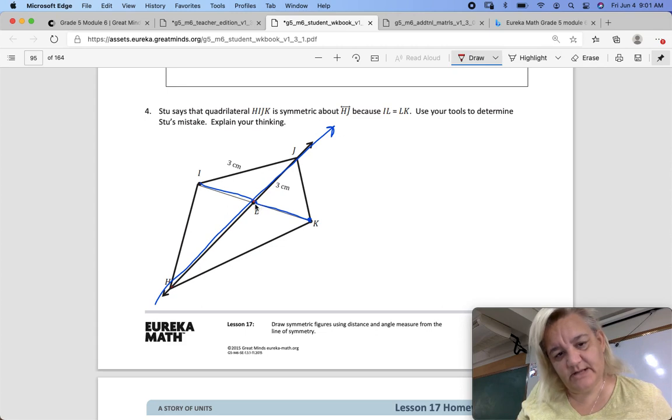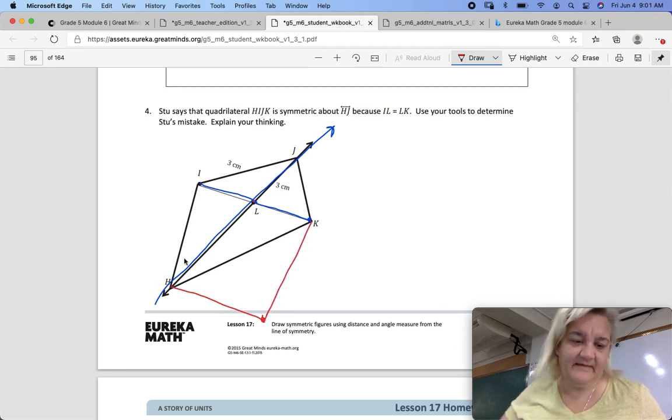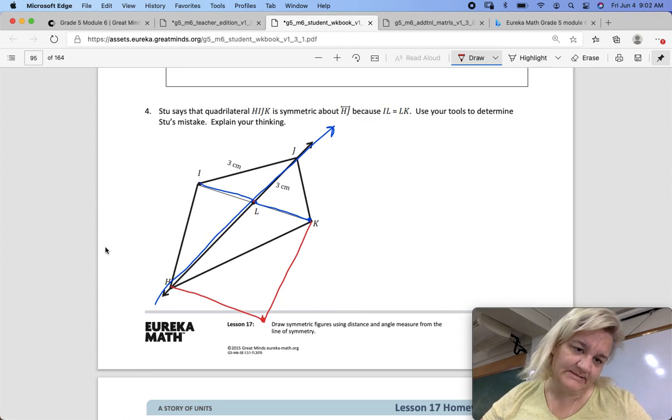So let's try something here. I'm going to create a 90-degree angle there. Okay. And then I could make that equal across. Add a 90-degree angle.